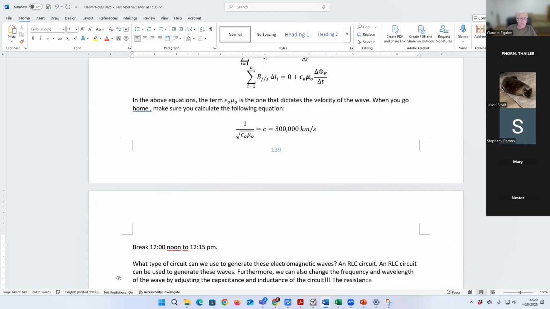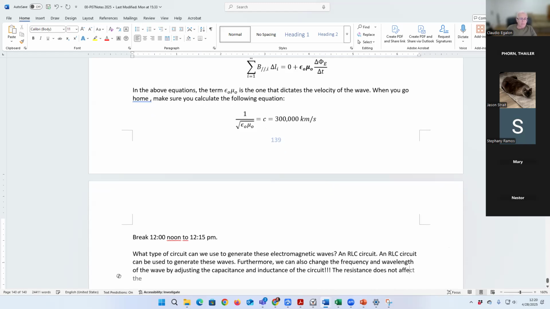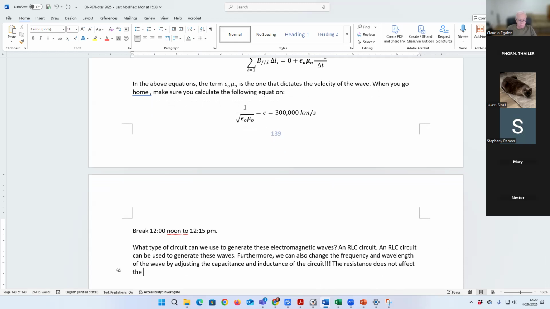The resistance does not affect the wavelengths of the circuit. Only the intensity of the signal; the resistance affects only the intensity of the signal.